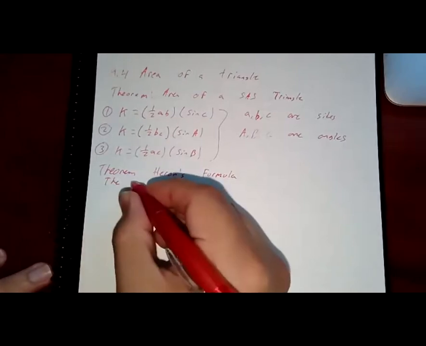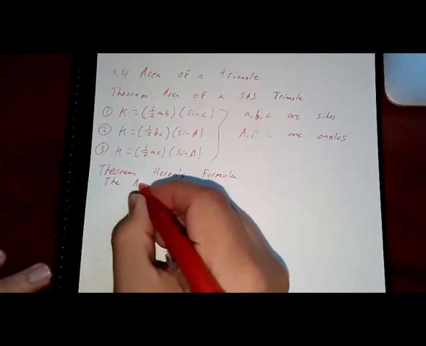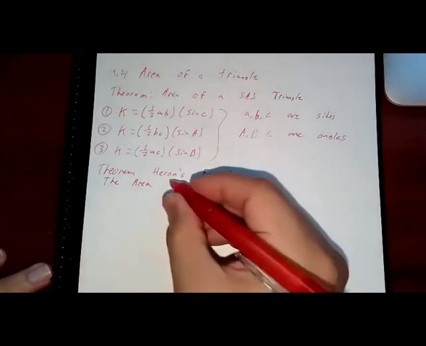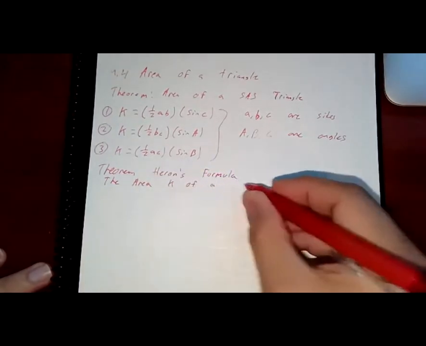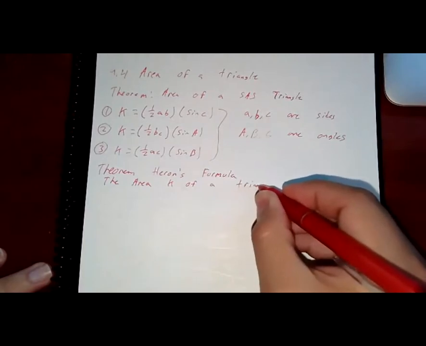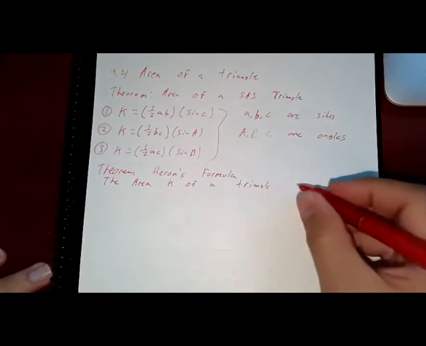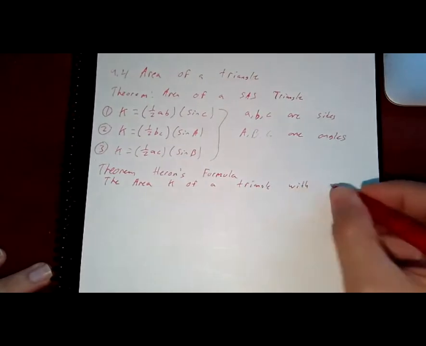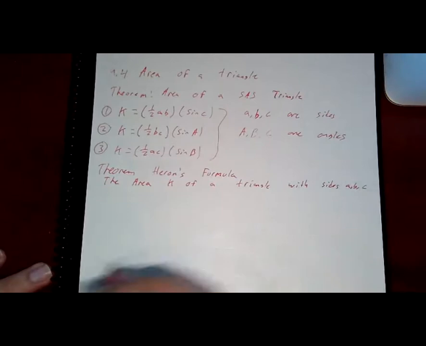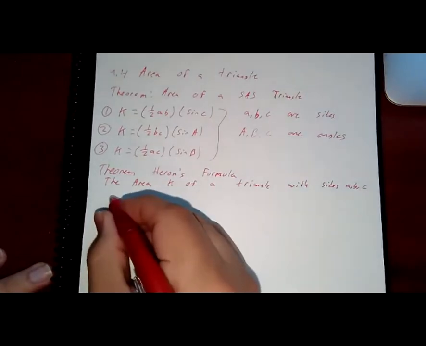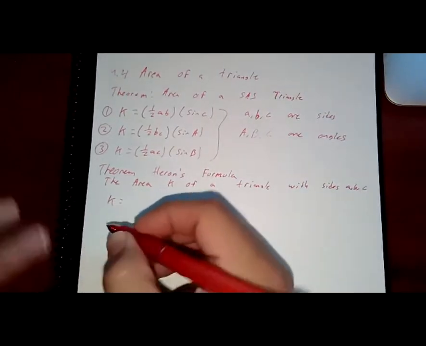The area K of a triangle with sides A, B, C is going to be this. So if you only have sides, use this formula.